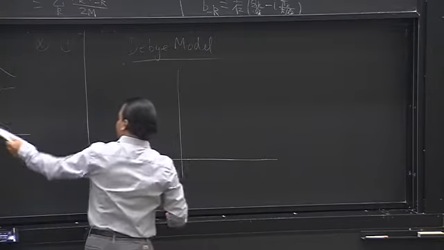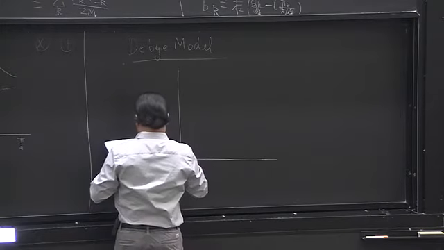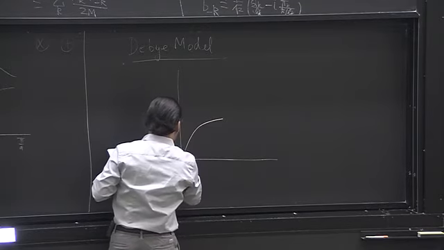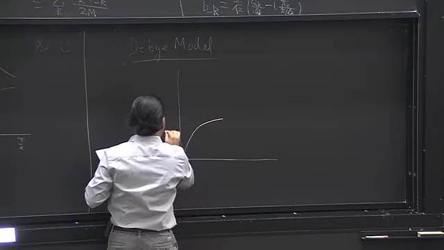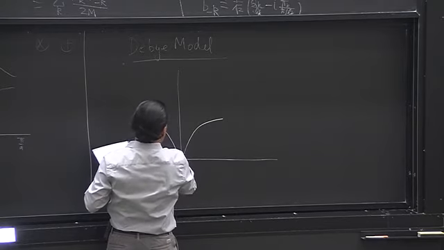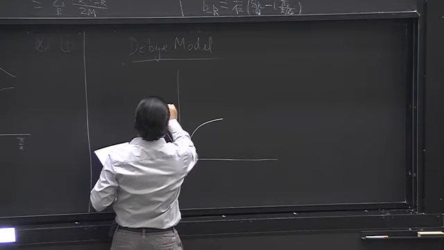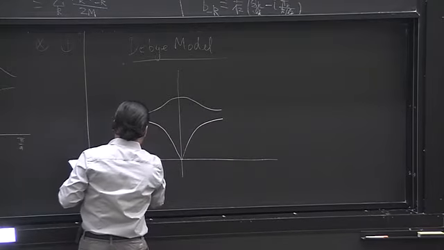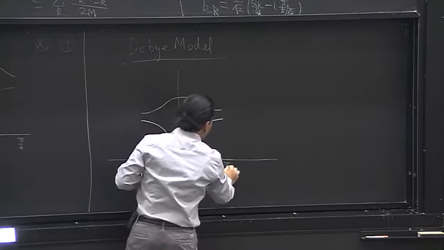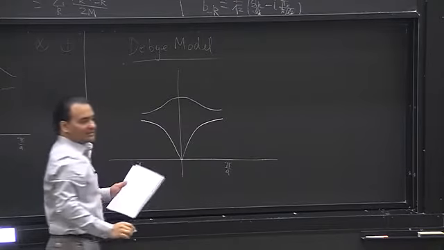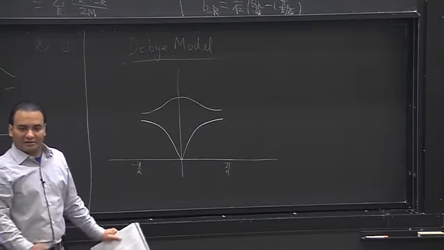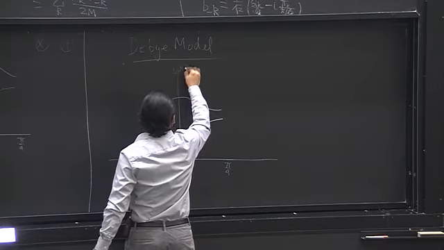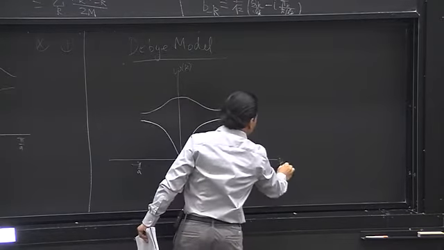So we have such a dispersion relation in 3 dimensions. Let's say this is our dispersion relation for phonons. What is plotted here is just omega as a function of k in the first Brillouin zone.